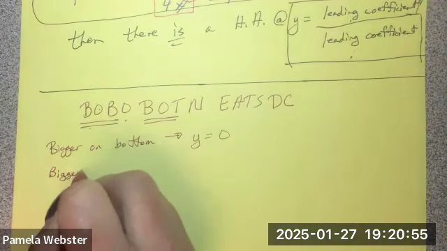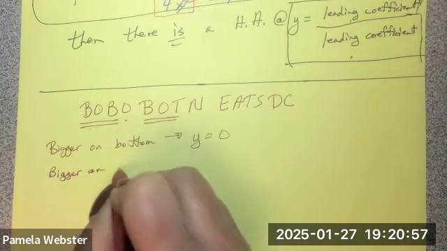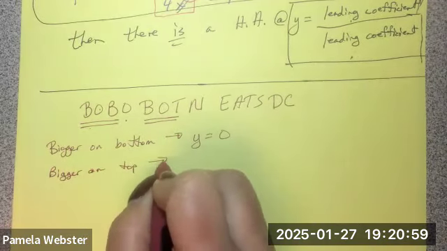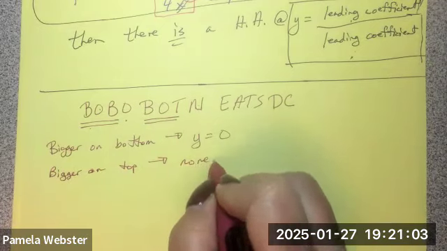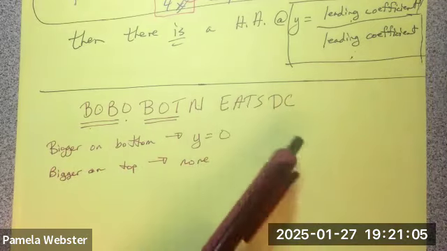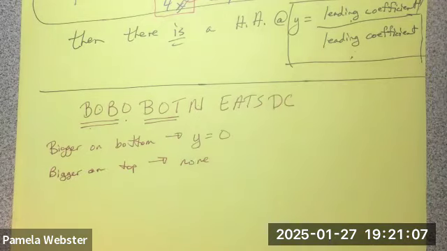Bigger on top, Dr. Webster. Yep, that's what I hear. Okay, bigger on top. What's the N? None, right? What's eats DC? Dang it. I was trying to think of that. E equal. Hang on a second. Okay, see, that's why I don't like this saying, because I don't remember it.